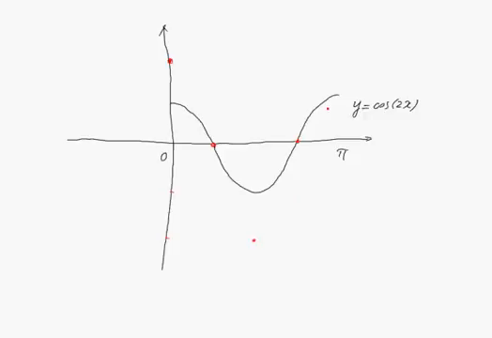And then this guy here, and this guy here. So now we stretch this graph of y equals cosine of 2x to get the graph of y equals 2 times cosine of 2x. Then we get a graph like this. Okay, so this is the graph of y equals 2 times cosine of 2x.